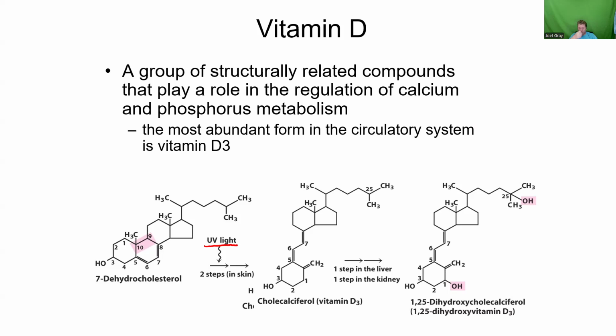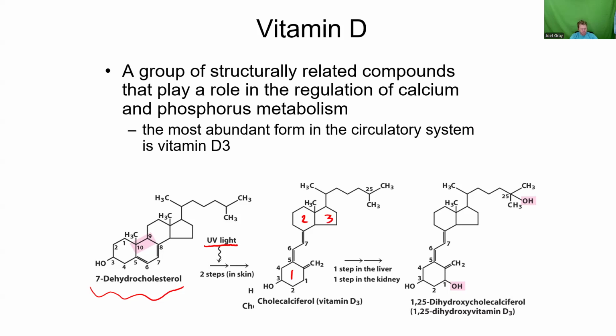Now, the reason you have to get UV light exposure is that this molecule right here, 7-dehydrocholesterol, will be broken open. These four rings, this molecule will be broken, and you'll be left with one, two, three rings.